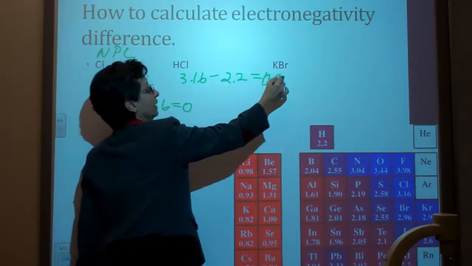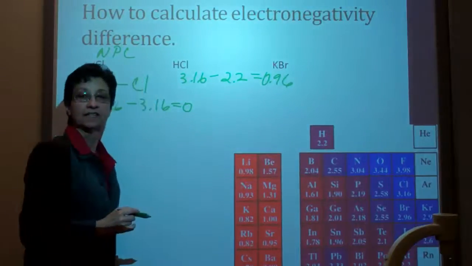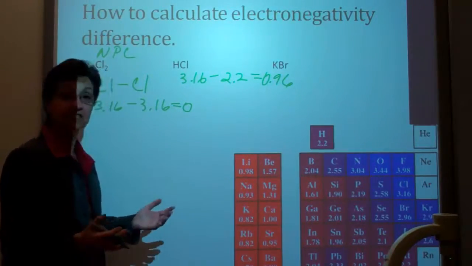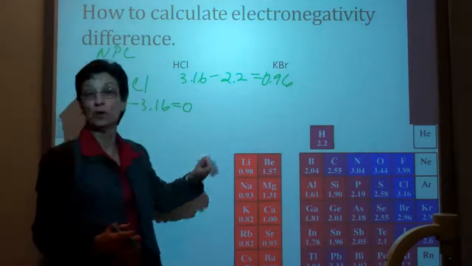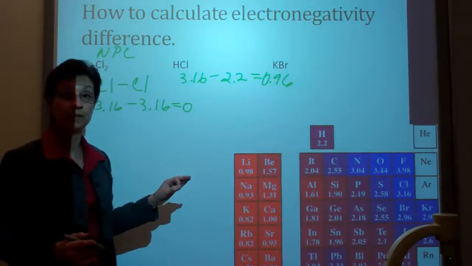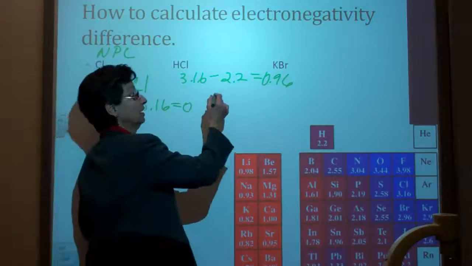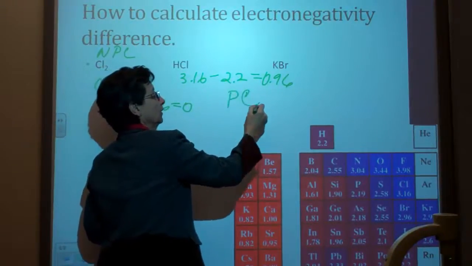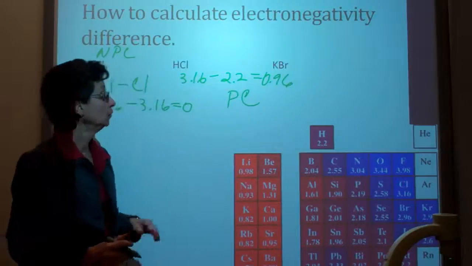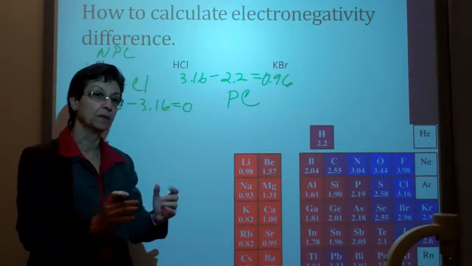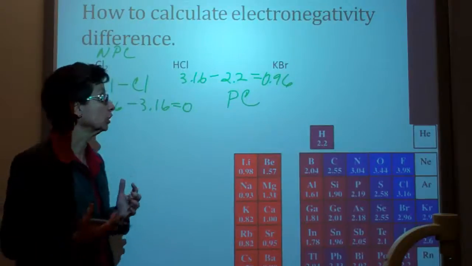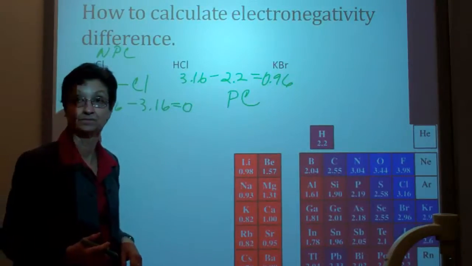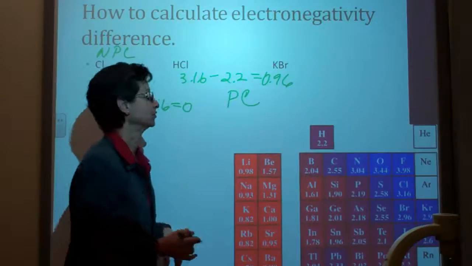And we end up with 0.96 electronegativity difference. The difference tells us that if that is 0.96, if you refer back to our previous example, we have a polar covalent bond. So therefore, the electrons are being pulled closer to the more electronegative atom, which in this case is the Cl, and away from the hydrogen.